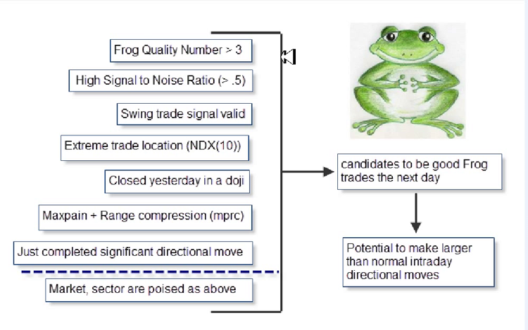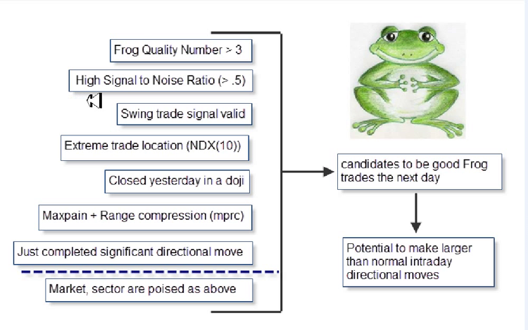So a frog quality number greater than 3 tells us that the ratio of the average range compared to the signal to noise ratio marker is high. So a strong frog quality number is one thing.